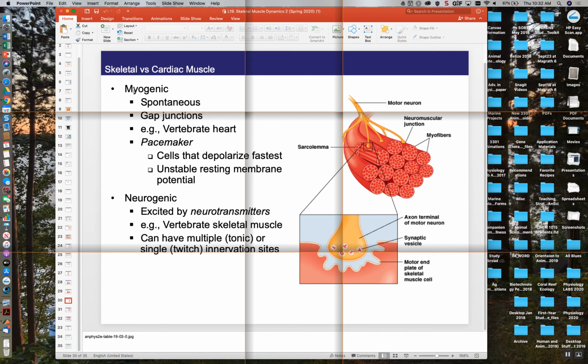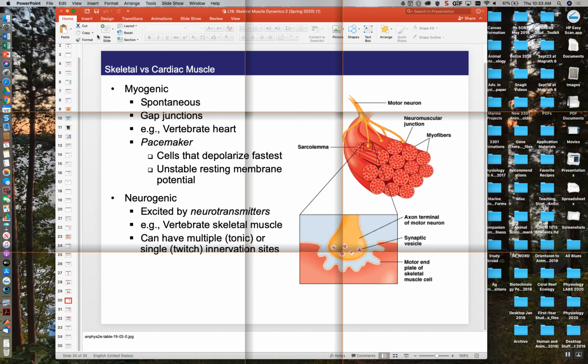The term myogenic applies to cardiac muscle because basically what it's saying is the depolarization that occurs. Remember that electrical current has to sweep through the muscles first and then contraction can occur. That first depolarization that occurs in the pacemaker cells is inherent to the muscle itself.